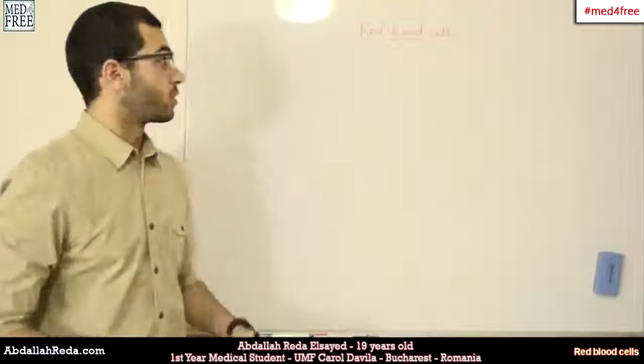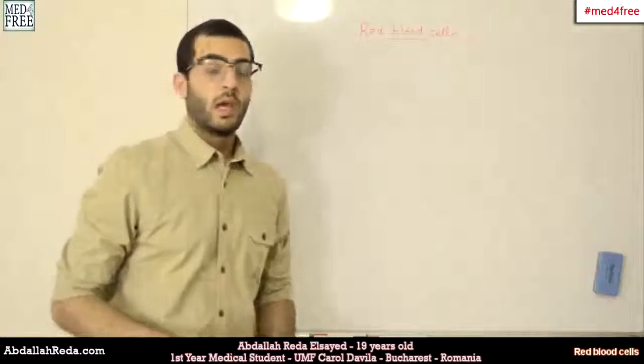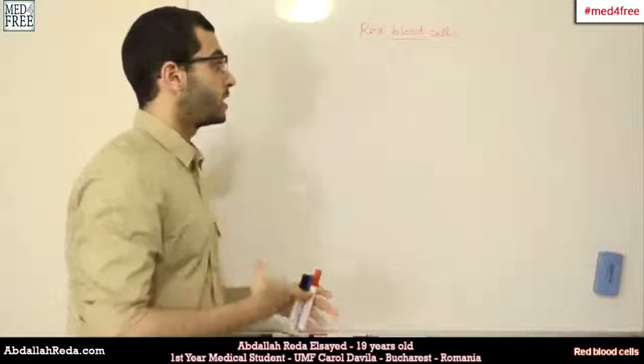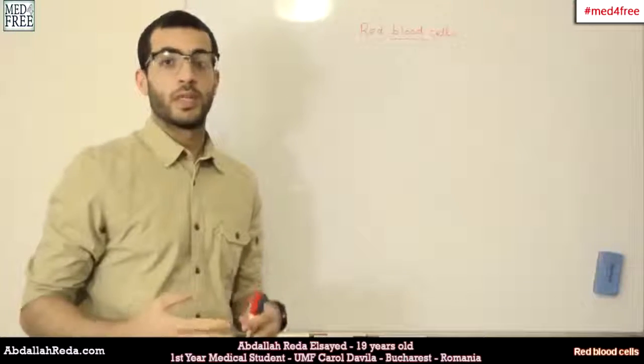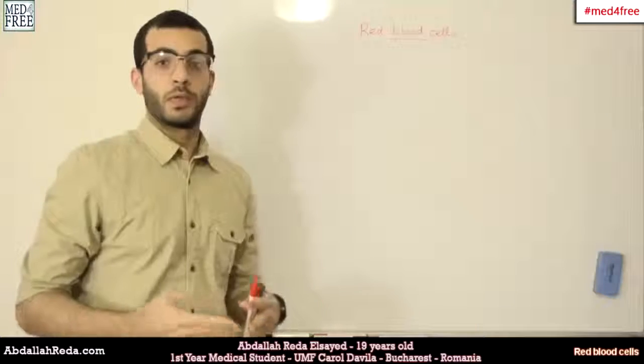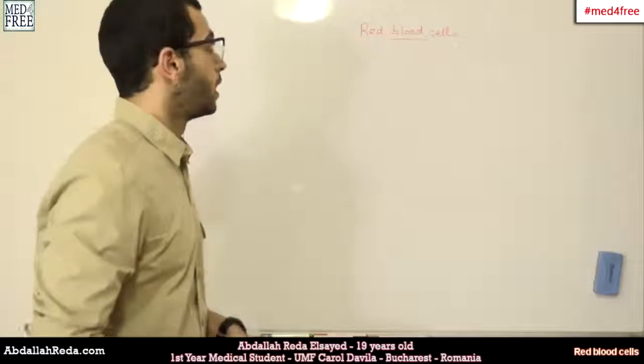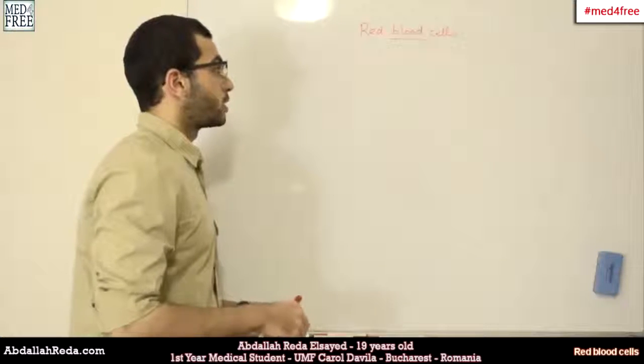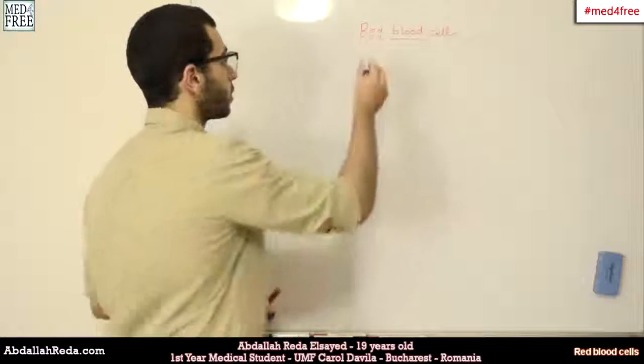This time we're going to talk about the red blood cells and the relation to the changes that occur in the fluid's tonicity, like isotonicity, hypertonicity, hypotonicity, and so on. But before talking about that, we need to mention something important, which is the total blood volume.